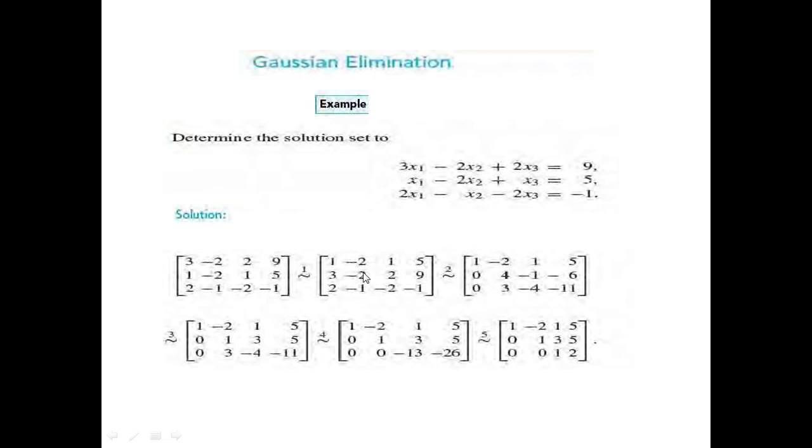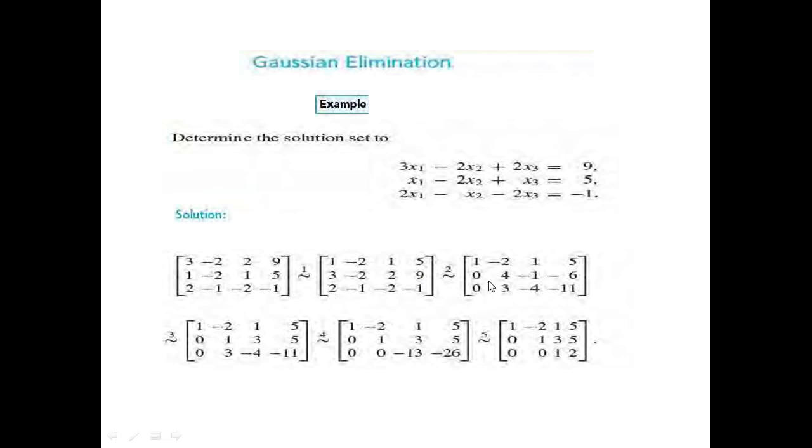We add row number 1 to row number 2, and similarly row number 1 to row number 3. First we multiply row number 1 by minus 3 and add it to row number 2.